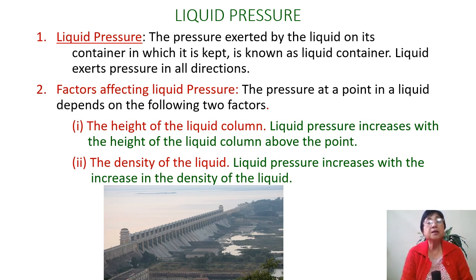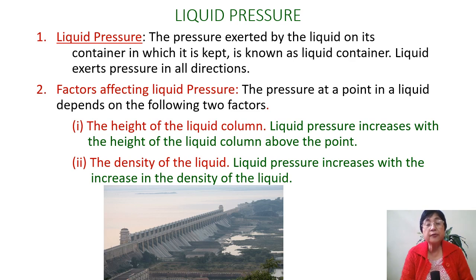Factors affecting liquid pressure. The pressure at a point in a liquid depends on the following two factors. Number one, the height of the liquid column. This height of the liquid column is usually measured from the open surface. Liquid pressure increases with the height of the liquid column above the point.